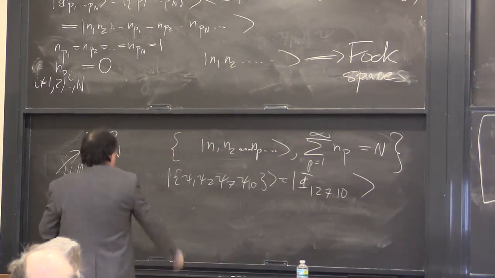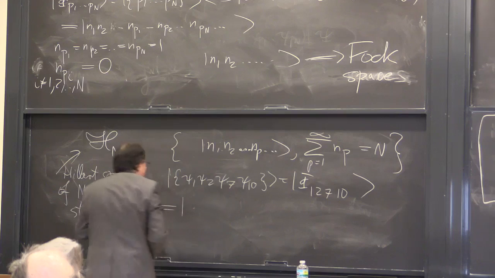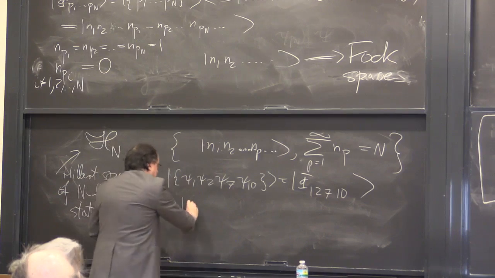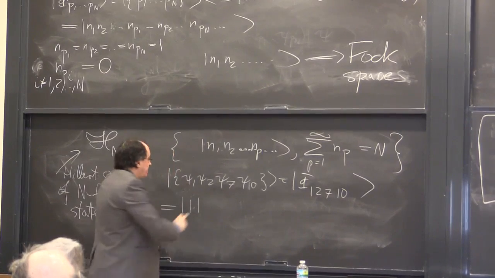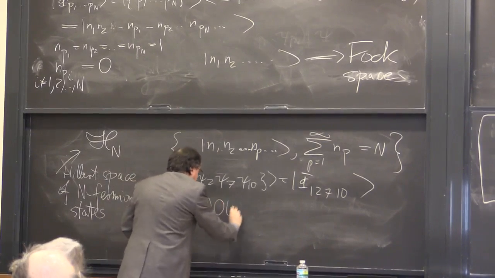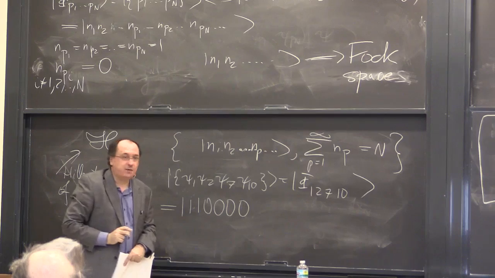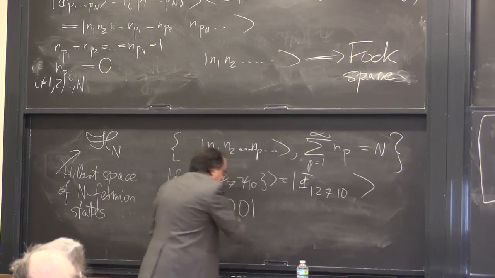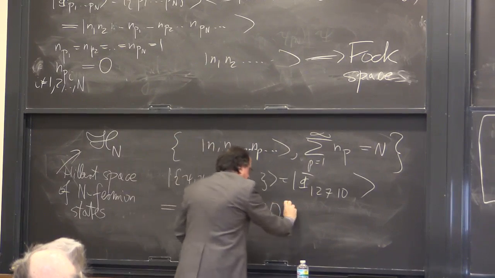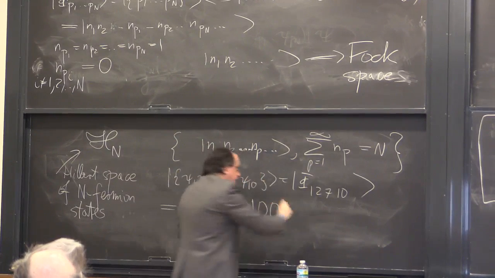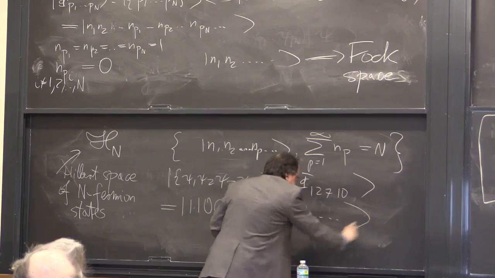Well, right now it's going to become a string where 1 is occupied, so I put 1 there. 2 is occupied, I put 1 there. 3, 4, 5, and 6 are unoccupied, so I put zeros there. 7 is occupied, so I put 1 there. 8 is unoccupied, 9 is unoccupied, 10 is occupied, another 1 here. And then zeros for the rest.